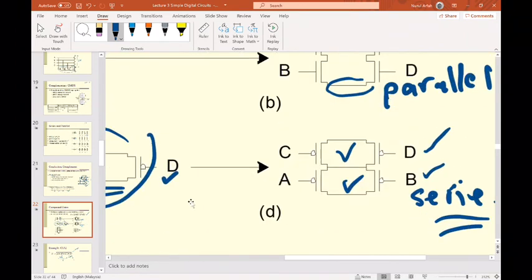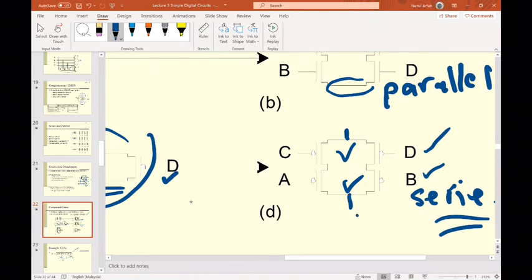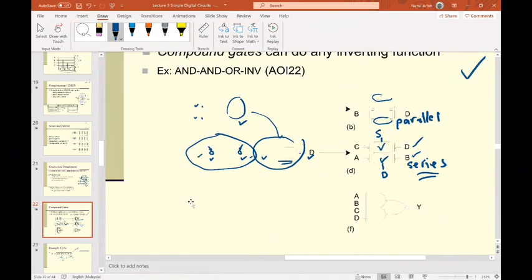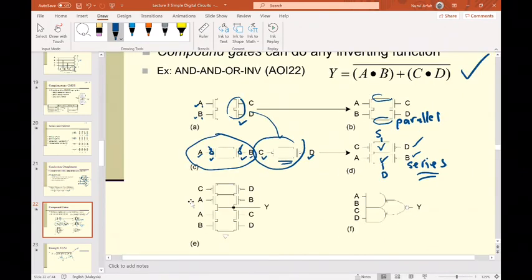So where is that source and drain? Source should be here and drain should be down here because it's opposite from our NMOS. Okay. All right. So what is the Y output? Y output is the combination of this part and this part.